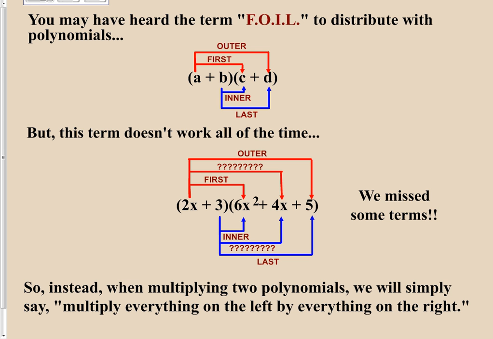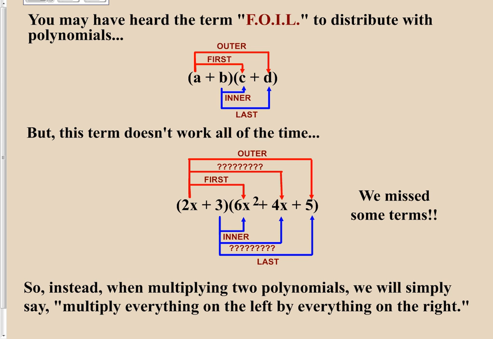It works great for them in junior high, not so well for us in high school. So what we tend to do now instead of FOIL is remember that if you have anything multiplying anything else, everything from the polynomial on the left is going to have to multiply by everything in the polynomial on the right.